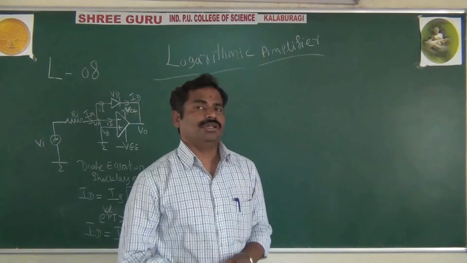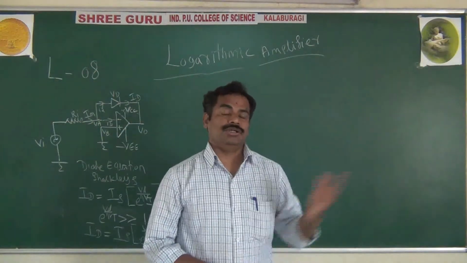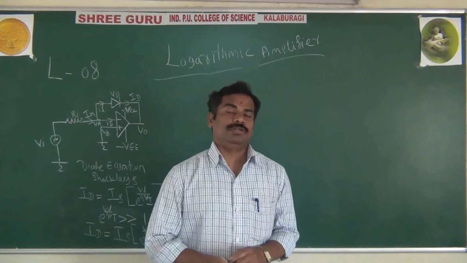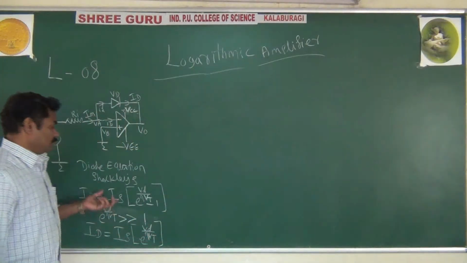As usual, just as in the differentiator you used how much current flows in the capacitor, in the same way you have to find out how much current flows in the diode.